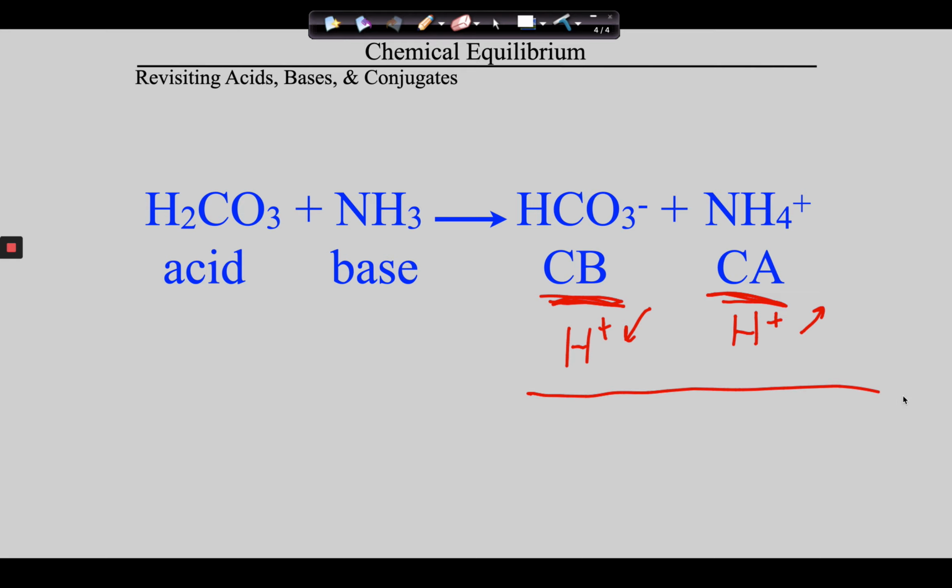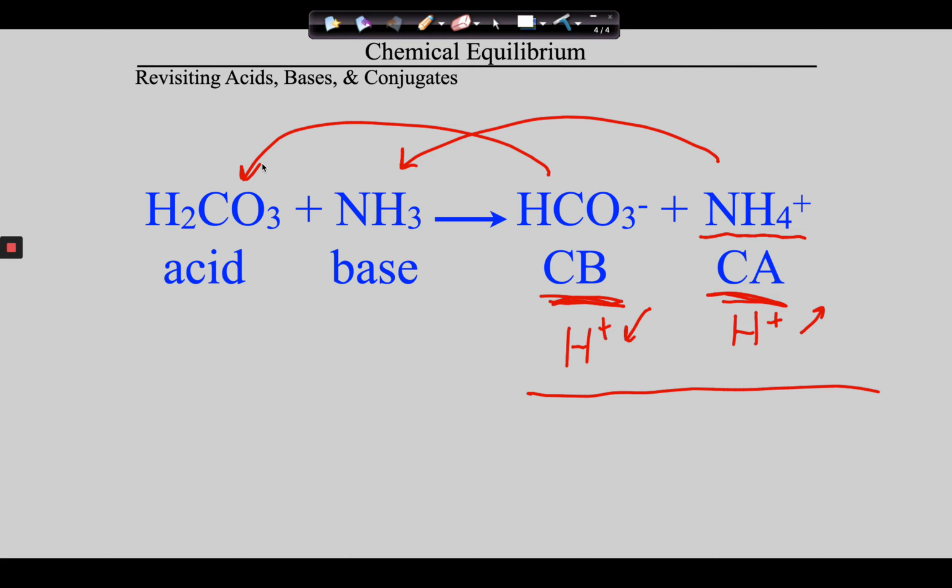So now when these products, our conjugates, function as acids and bases, which they are, some of you are actually probably picking up on what happens. So when NH4 functions as an acid, it loses a hydrogen and turns into NH3. And when the conjugate base, HCO3, picks up that hydrogen, functioning as a base, it turns back into H2CO3.